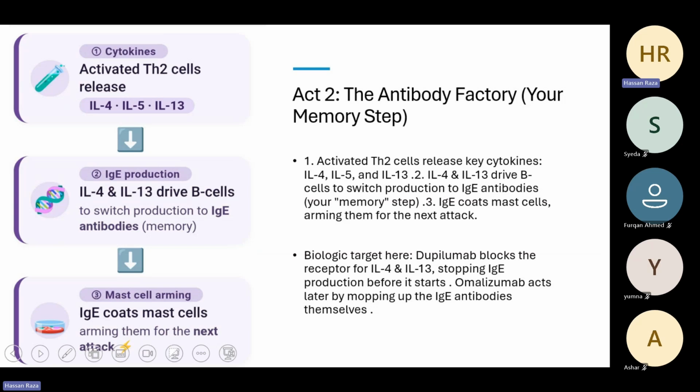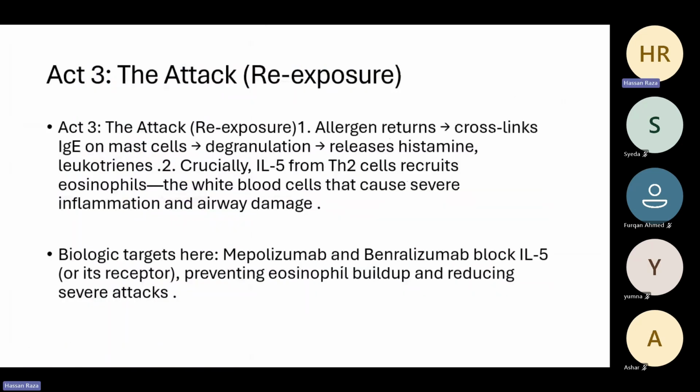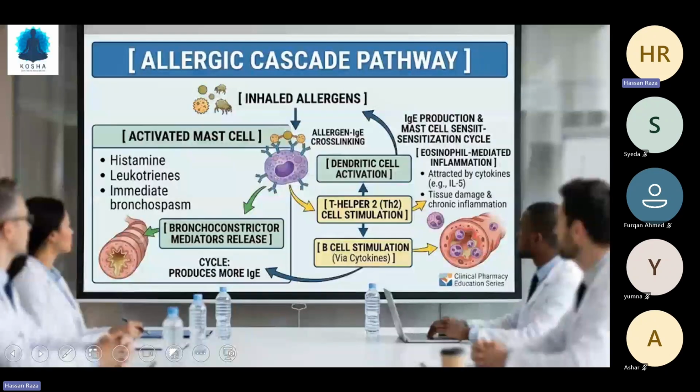Now what happens if the same allergen or the same virus attacks your body again? This slide will better explain it. You can see in the middle there is a mast cell with Y-shaped antibodies, and you can see the inhaled allergen get attached to that antibody.